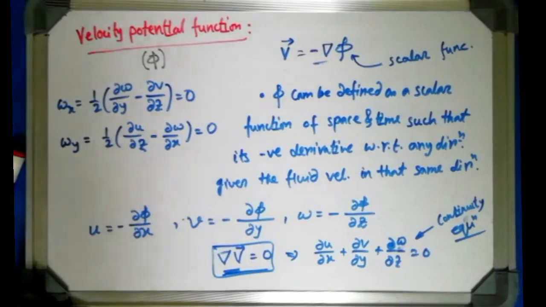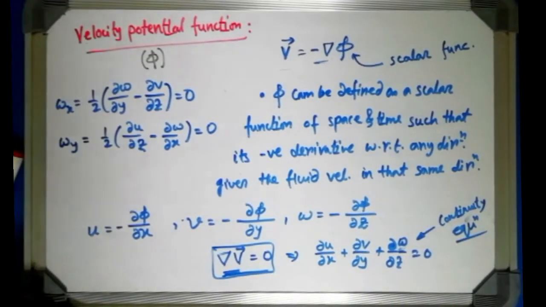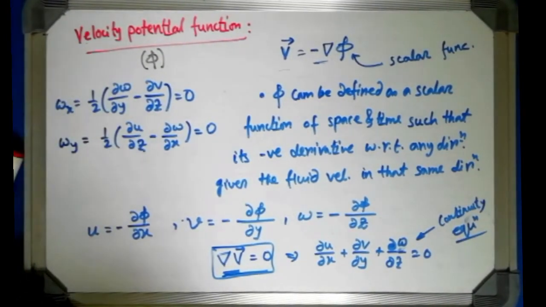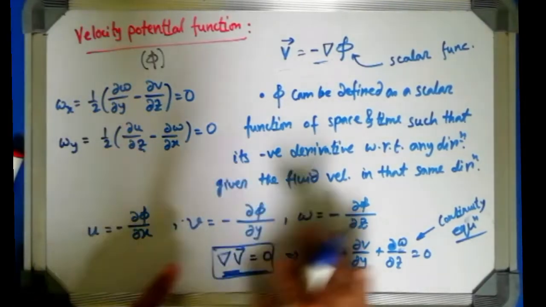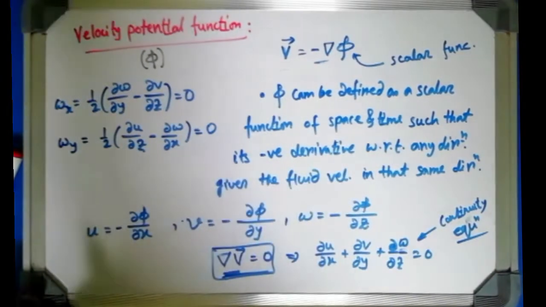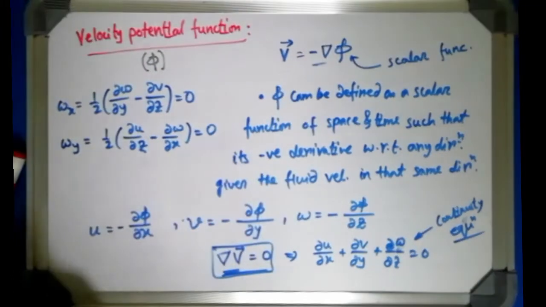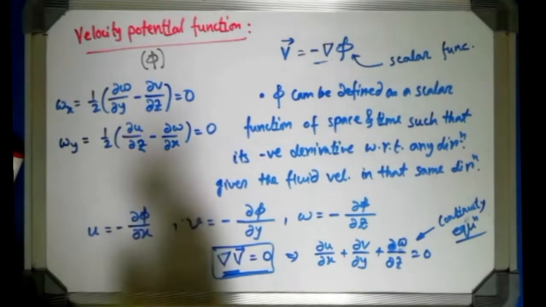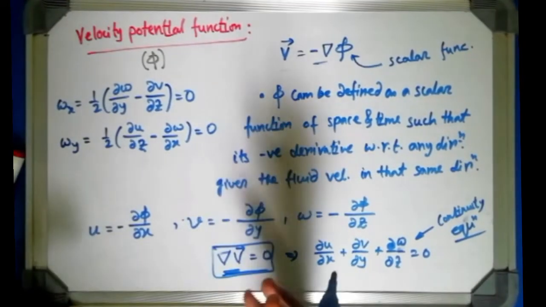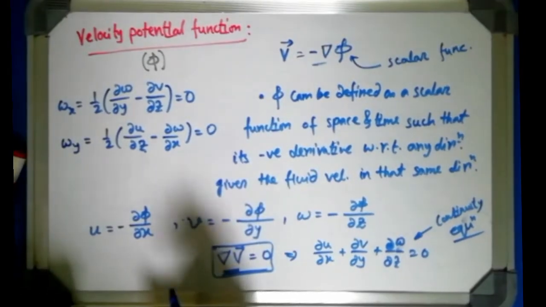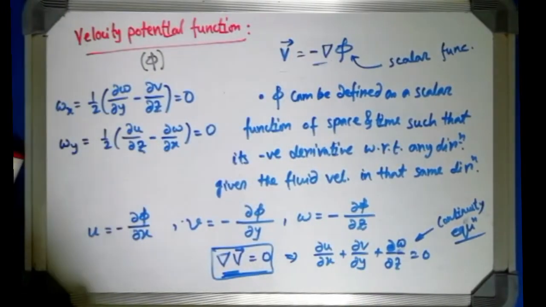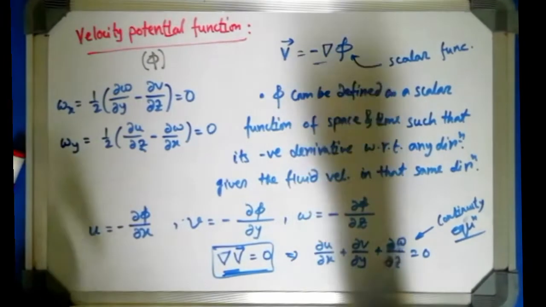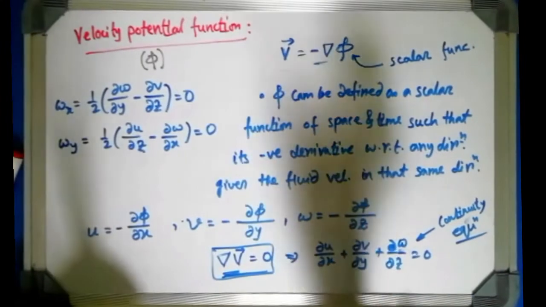So obviously now we can say that if we place these components u, v and w onto this particular continuity equation, they will satisfy the continuity equation. So actually this velocity potential function is a powerful tool by which you can analyze an irrotational flow, isn't it?